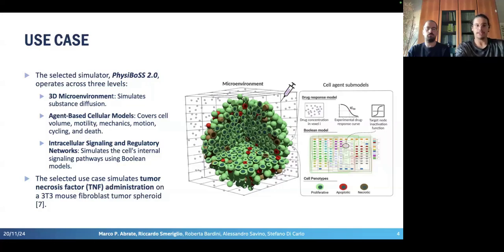In particular, the selected use case aimed to simulate a tumor necrosis factor administration of a 3T3 mouse fibroblast tumor spheroid. The aim of this administration is to kill the tumoral cells, and the specific administration of TNF should kill the cells, making them necrotic, while the apoptotic death occurs due to randomness or natural death.